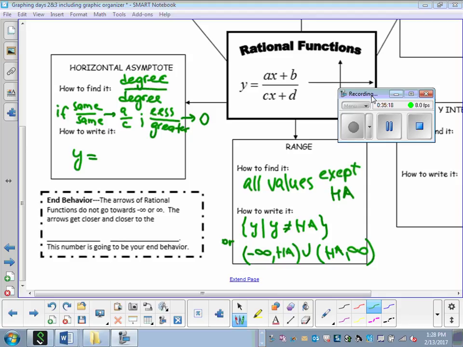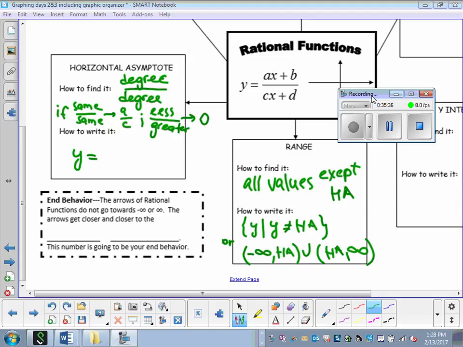And end behaviors. Again, very related to the horizontal asymptote. As my x increases all the way to positive infinity, or as my x decreases all the way to negative infinity, I'm still hugging that horizontal asymptote.